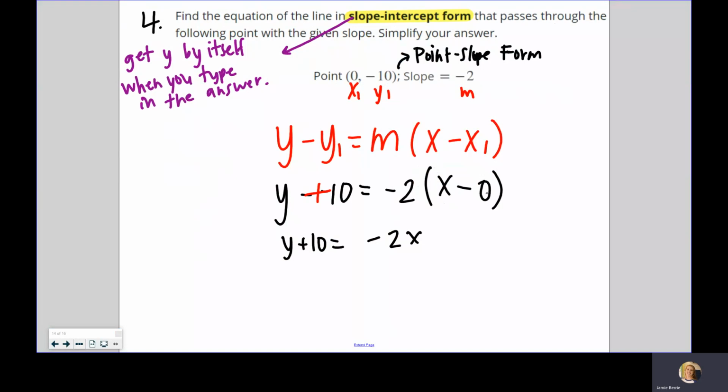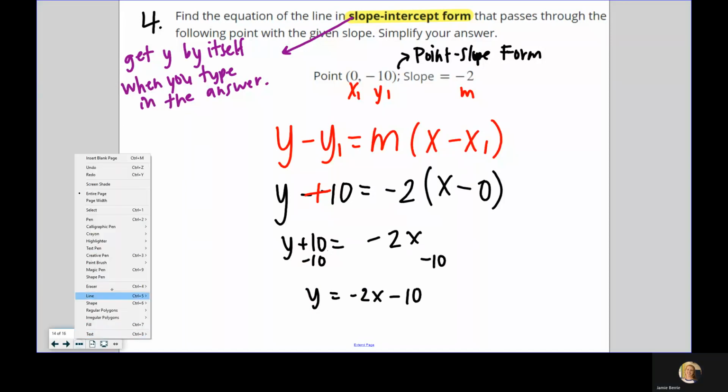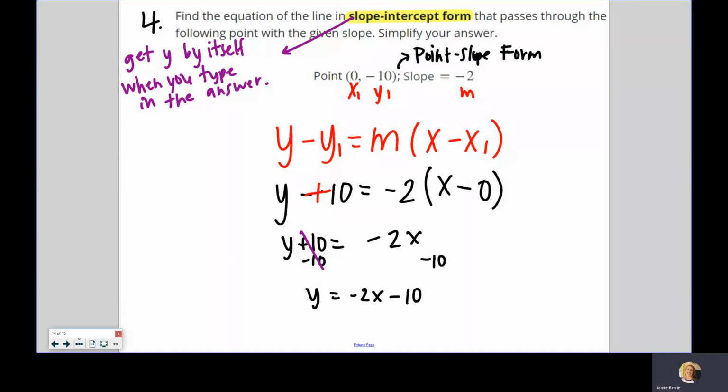Nothing to distribute there because that 0 knocks it out. All right, almost done. We just got to get y by itself, so subtract 10 from both sides, putting it at the very end. So we have y equals -2x minus 10. We just cancel these out right here, and we're done.